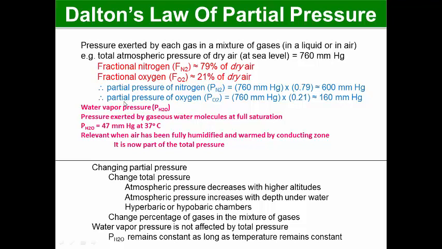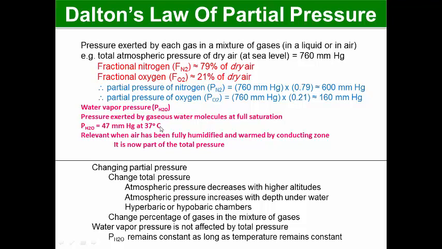Now, the water molecules exert a partial pressure. When air is fully saturated with water vapor, the partial pressure exerted by the water molecules is equivalent to 47 millimeters of mercury at 37 degrees centigrade.